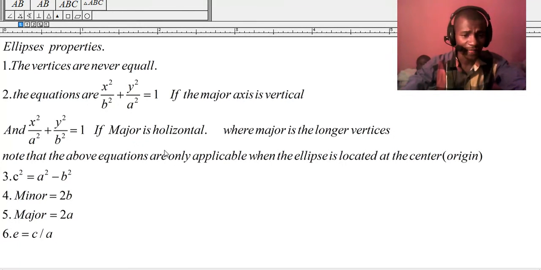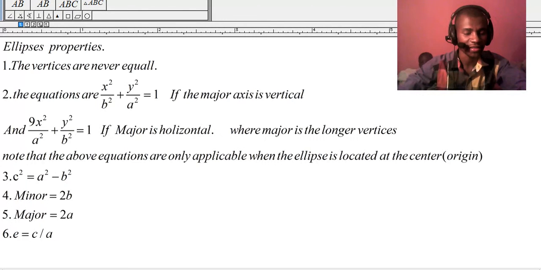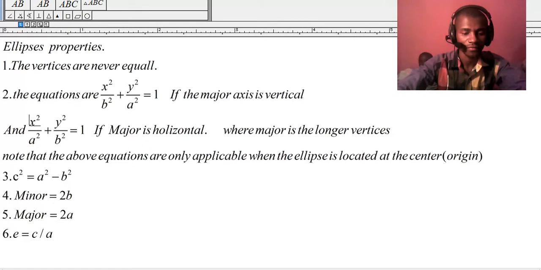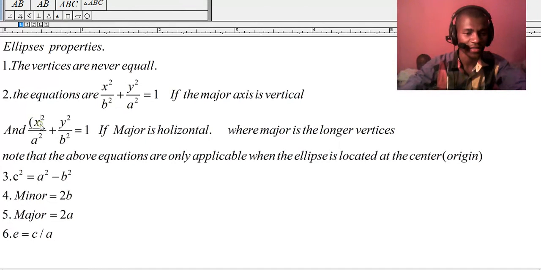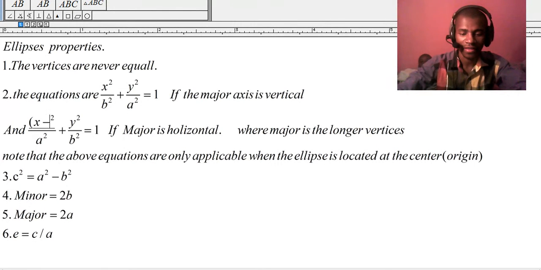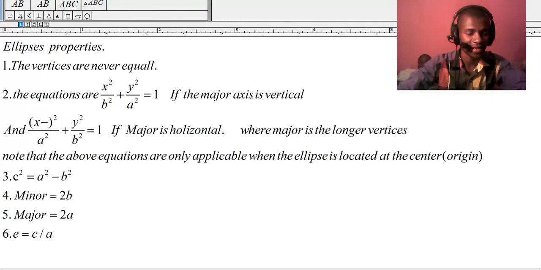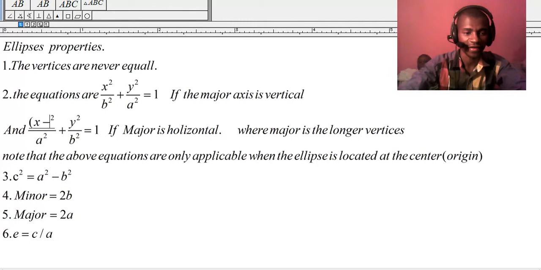We also have to note that these equations in this format are only valid when the ellipse is at the center. But if it's away from the center, then we want to show our position, the displacement from the center, with coordinates.